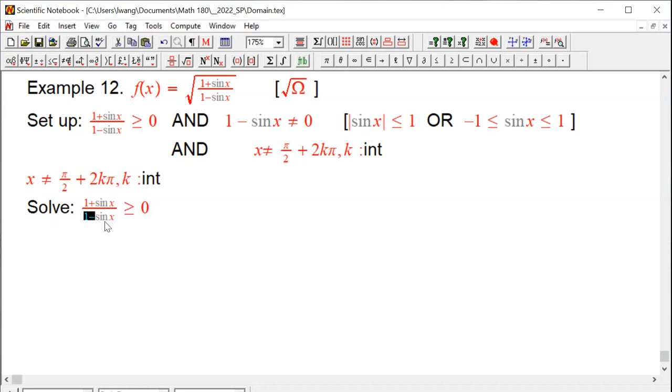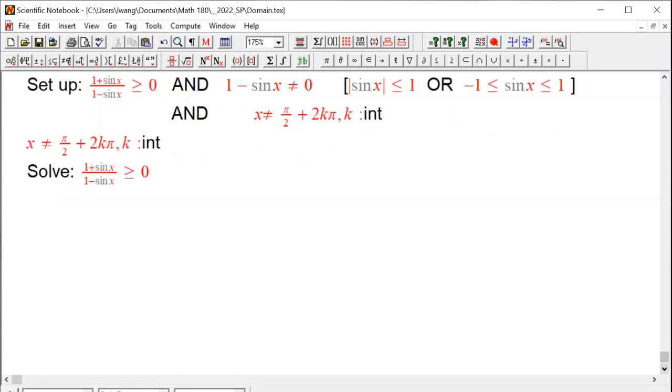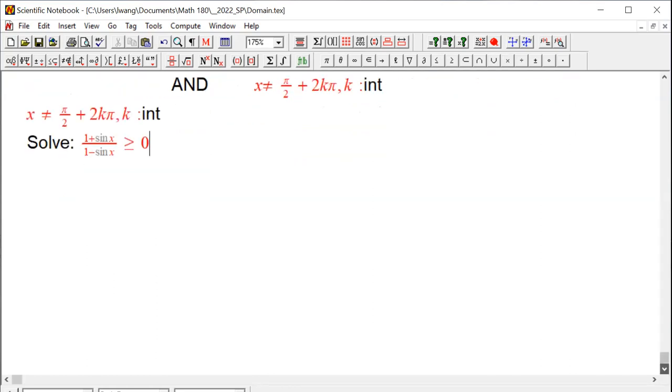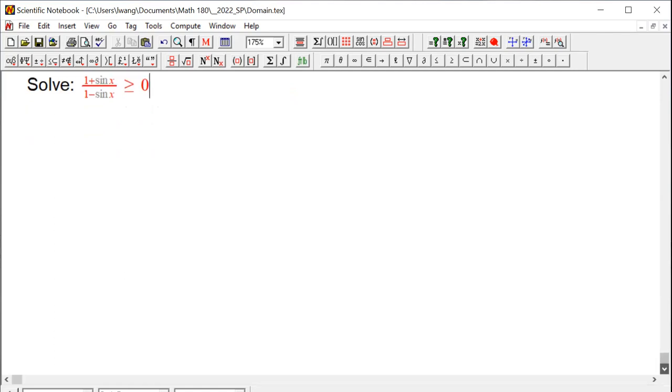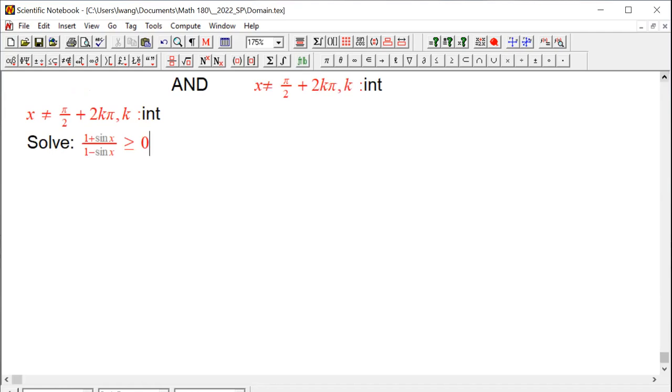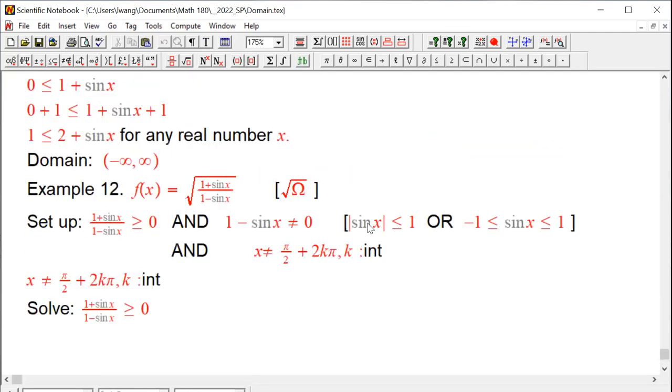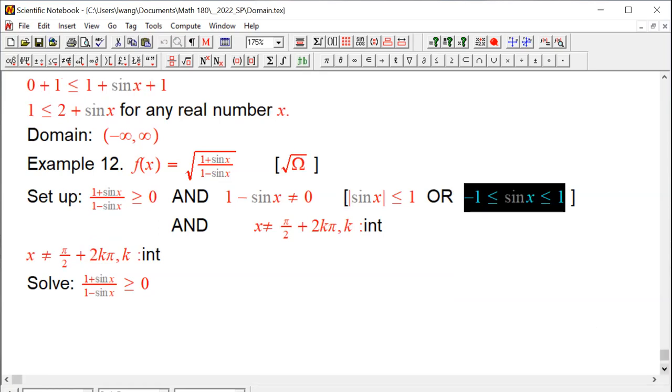Can we multiply both sides by 1 minus sine x? Well, before we do that, let's look at the sign. I always say that this condition is crucial. Actually, it's not a condition.